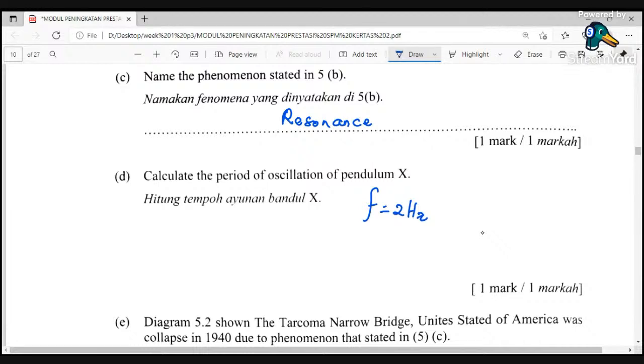Okay, so period T equals to 1 over frequency. So 1 over 2, we get 0.5 seconds. That one is period of oscillation.